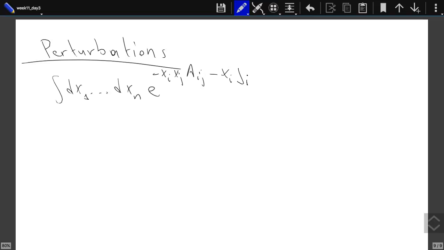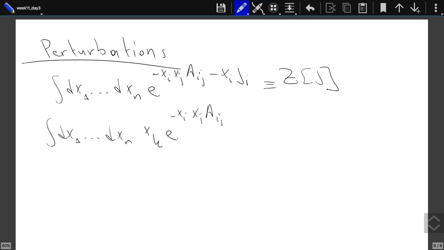The reason will be, for example, if I want to calculate the integral of dx1 ... dxn times, let's say, xk, if I want to calculate this term, let's just call this our z as a function of j.